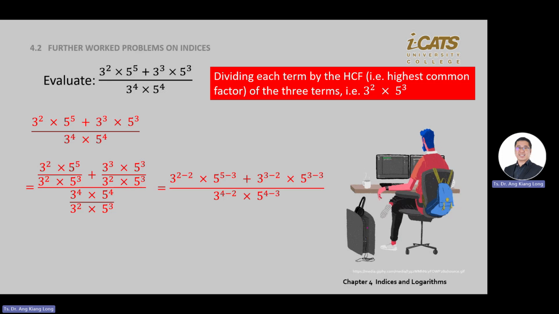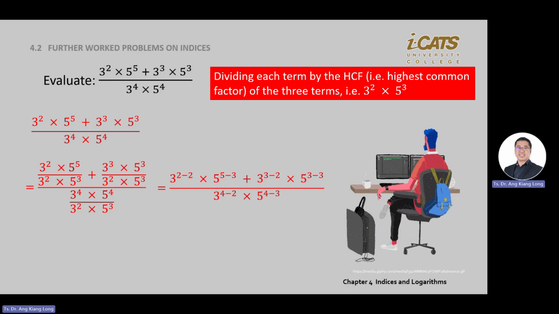So here, like how you get 3 power 2 minus 2: 3 power 2 divided by 3 power 2 means 2 minus 2. Then this is base 5 power 5 minus 3. And then be careful on the addition. You need to break the addition. Then continue with the multiplication process. 3 power 3 minus 2, base 5, 3 minus 3, and the bottom is also the same.